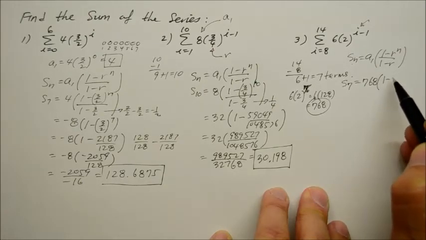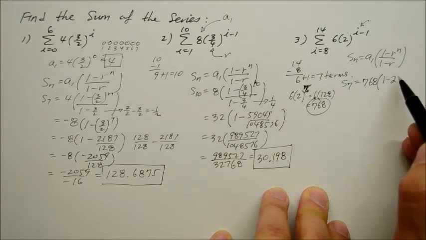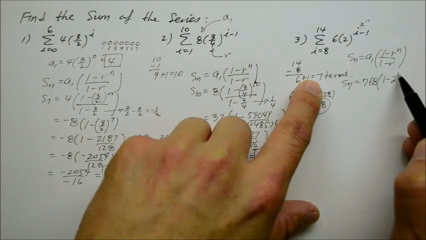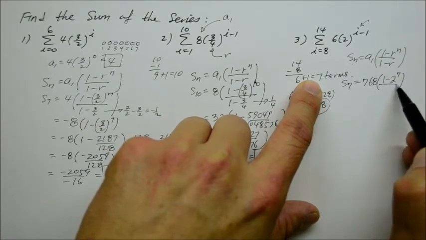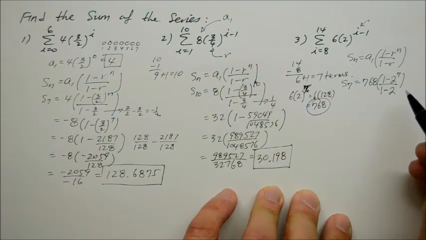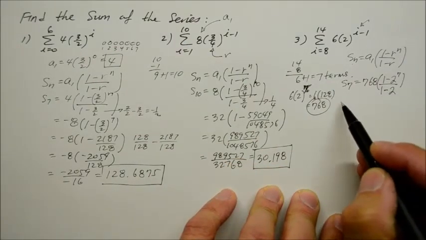Now we go 1 minus the r, common ratio, which is 2. That one is given. And the n, again, there's 7 terms. See, that's where I get confused. 7 terms. All raised to 1 minus the common ratio of 2. There we go. Now let's simplify some things here.